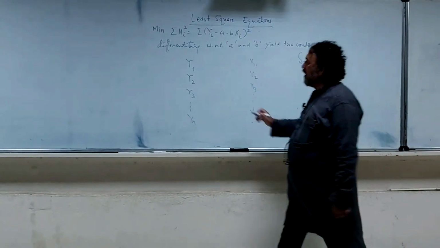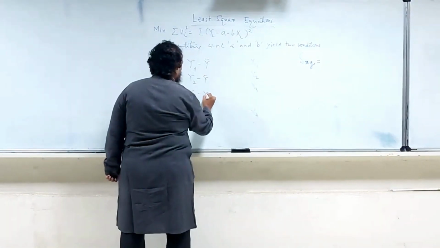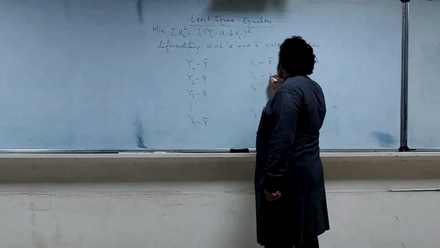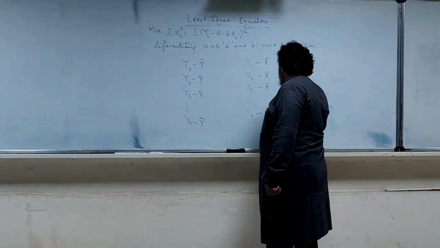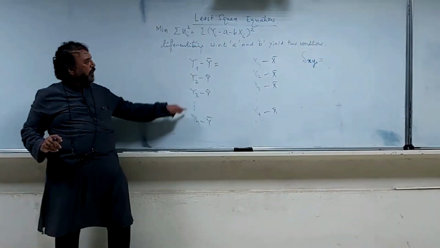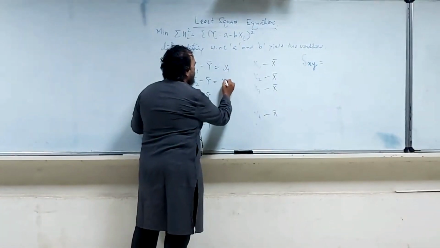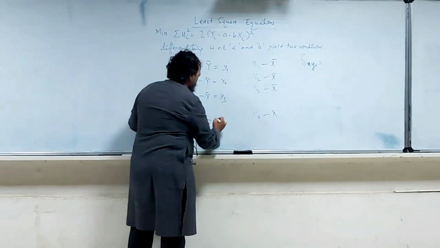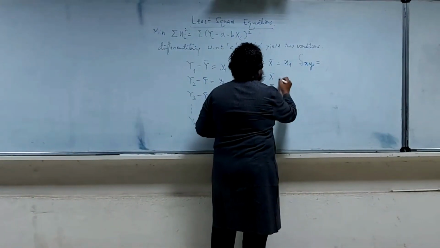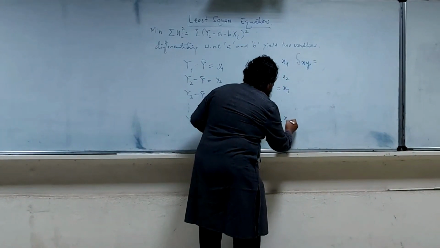From where does it come? It actually comes from the fact that y bar is subtracted from each of these observations. Similarly, x bar is subtracted from each of these observations. What we get are in fact the deviations of these y values from the mean of y. We will call these small y1, small y2, small y3, small yn, and similarly small x1, small x2, small x3, small xn.